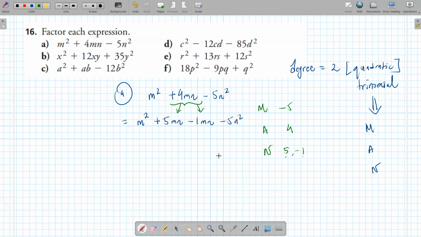Factor by grouping means you're going to factor 2 terms at a time. What can we pull out from the first 2 terms? M. What are we left with? Plus 5n. M plus 5n. What can we pull out from the next 2 terms?